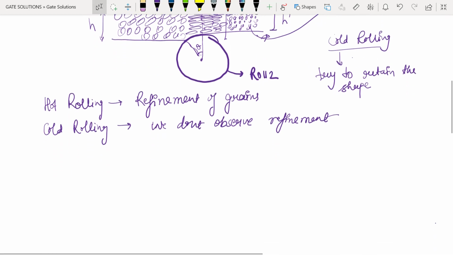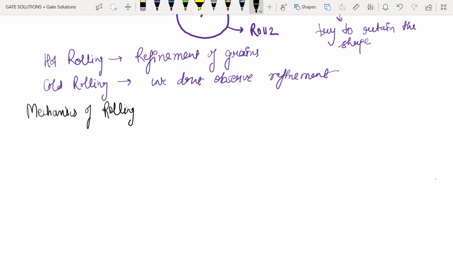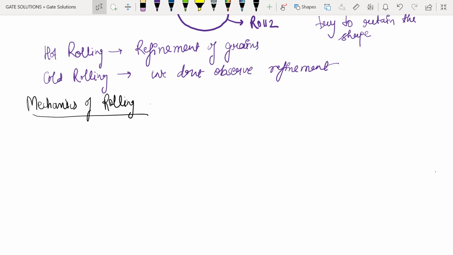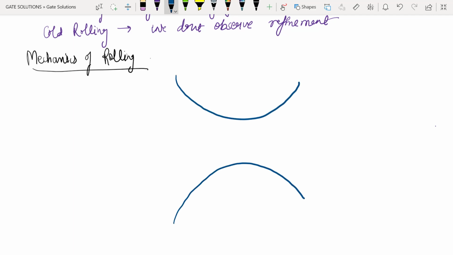Now we will jump into the mechanics of rolling, and we will derive the expression for the length of contact and the coefficient of friction. Let us draw the two rolls first. This is roll 1 and this is roll 2, with centers O and O dash.